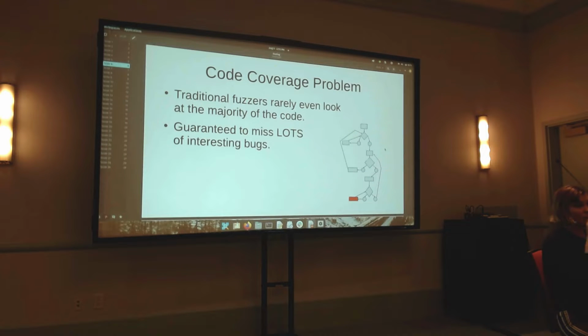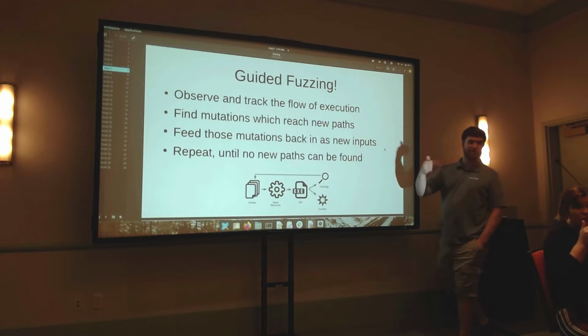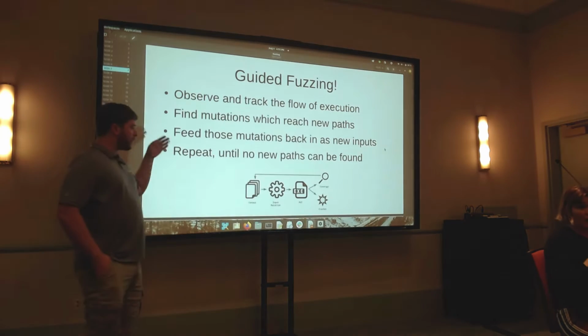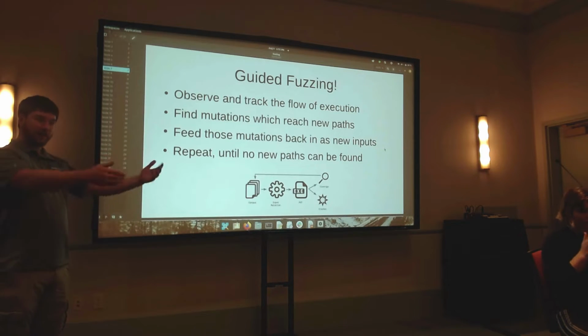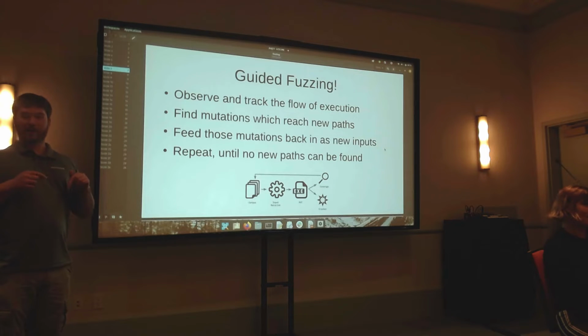So one of the strategies that we can use to solve this is something called guided fuzzing, or coverage guided fuzzing. The concept here is to track what the program does at runtime with our input sample and observe the path that it takes, save that coverage data, and feed that back into the fuzzer to give it some information about when it found a new path in the code.